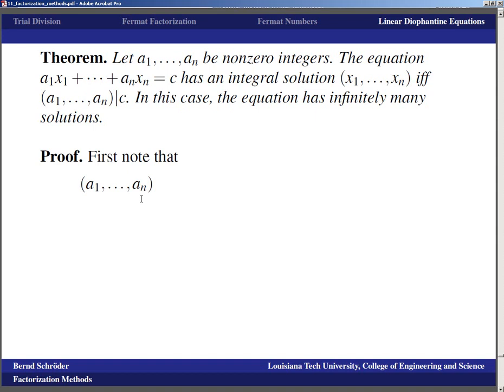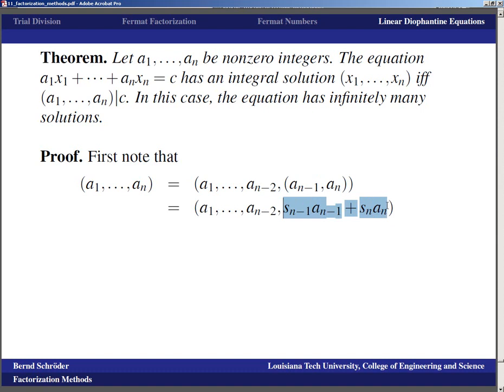So first we note that the greatest common divisor of a1 through an is the greatest common divisor of a1 through a(n-2) and the greatest common divisor of a(n-1) and an. And that is the greatest common divisor of a1 through a(n-2) and some linear combination of a(n-1) and an.